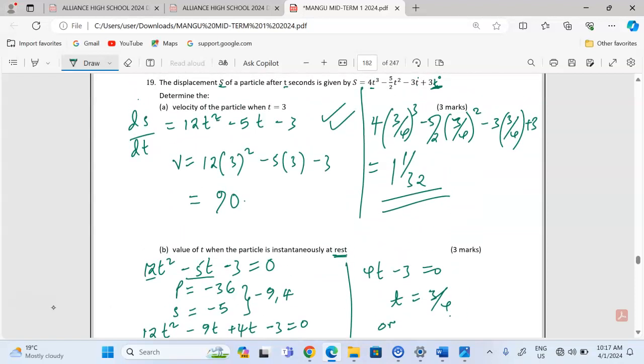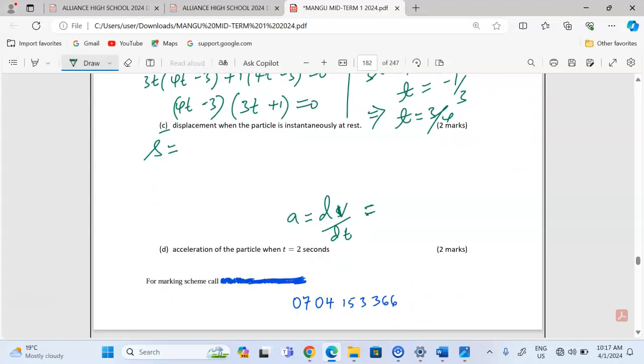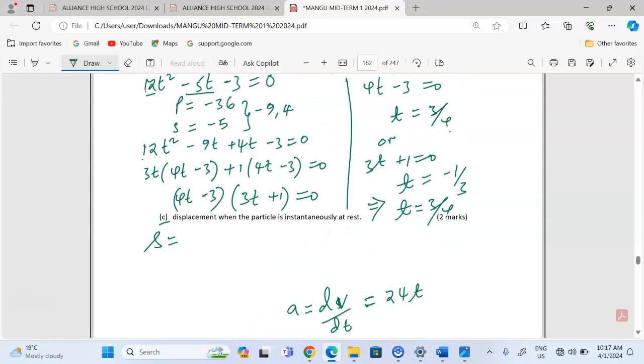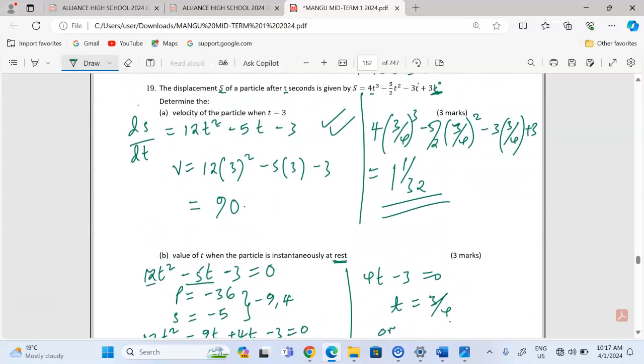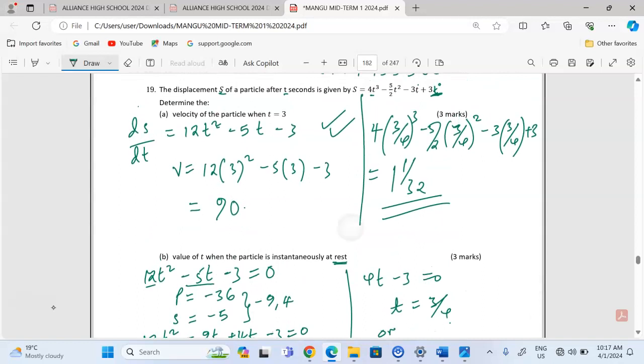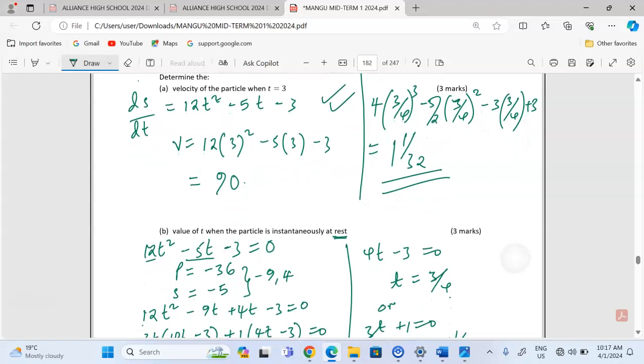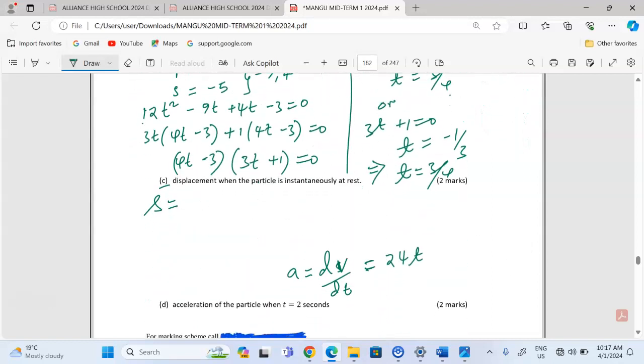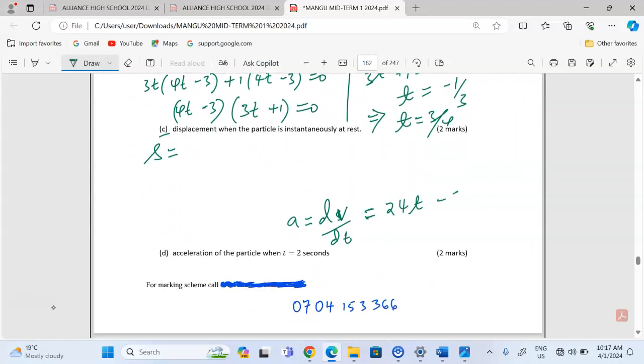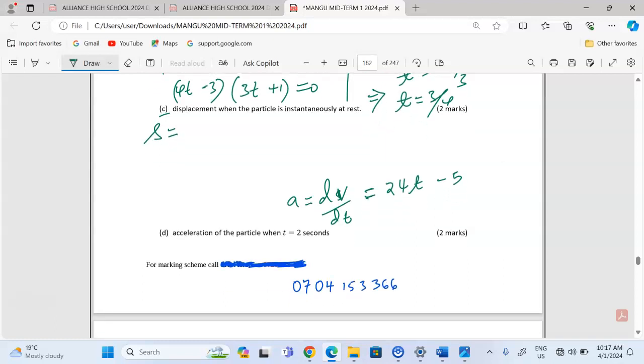We drop this power so that we get 12 times 2, which becomes 24t. Then the next is negative 5t, which is power 1, so we drop 1 and have negative 5. The constant disappears, of course.